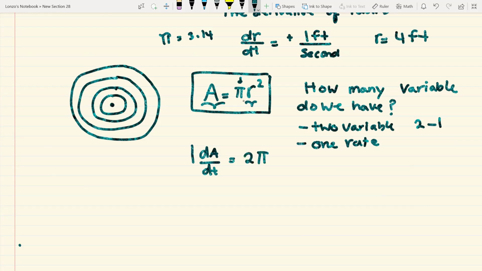And then the r stays the same. And then what would be our new power? Our new power is going to be old minus 1, so 2 minus 1 is 1, right? You're just applying the power rule. Now, we do have to take this with respect to time. So what do we have to add? We have to add dr, because that's our variable, over dt. Okay.